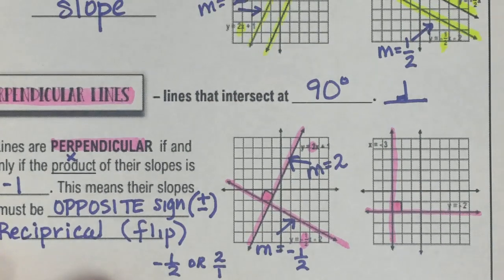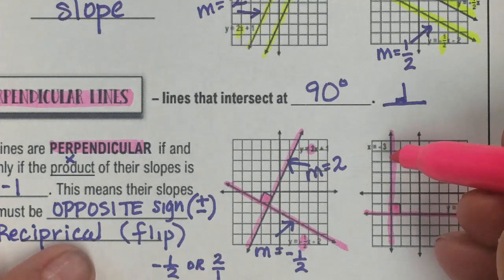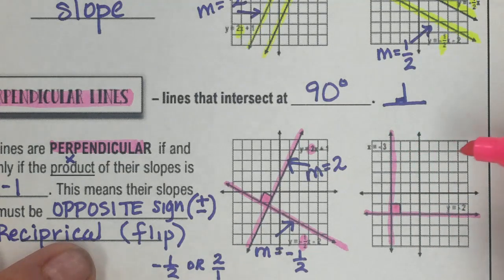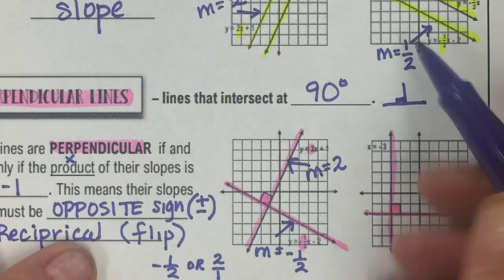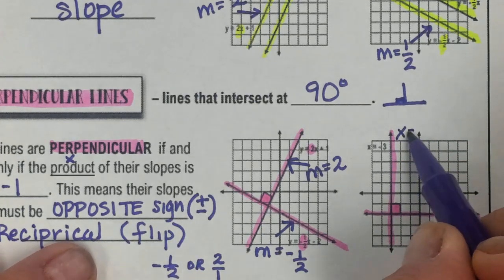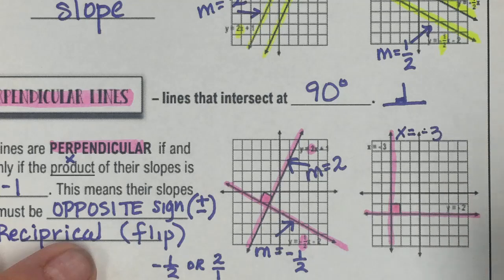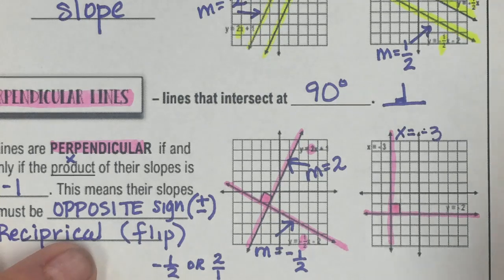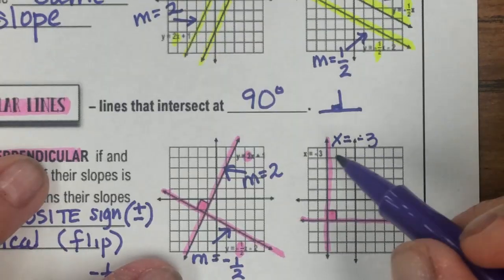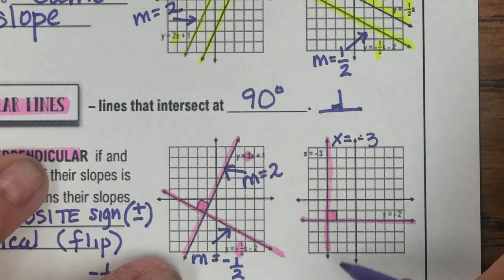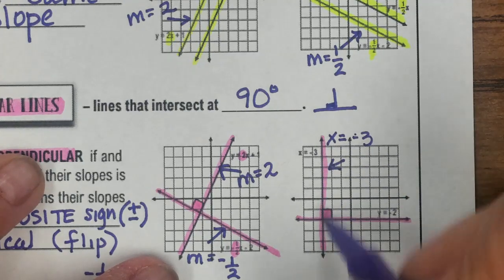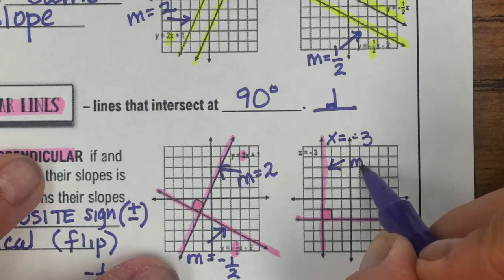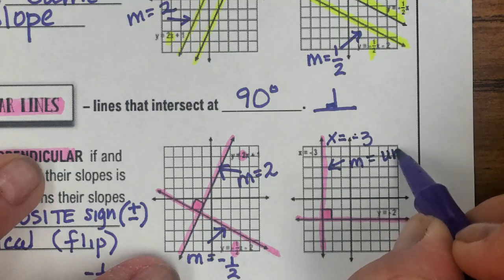So let's go look at the slopes. This one says that x equals -3. Now this one's tricky, because if it is x equals -3, what's my slope when it is perfectly vertical? My slope is undefined.